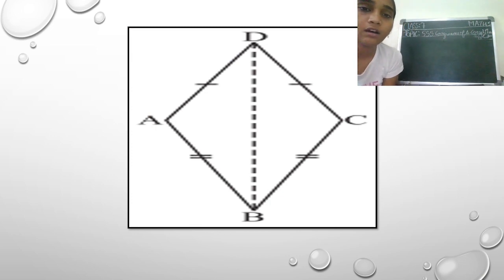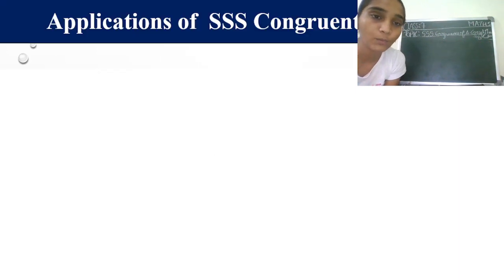So students, from here, are you getting some kind of information regarding the sides AD and CD? Yes, they are appearing to be equal. So what we will do now is see one application based upon the SSS congruence of triangles.